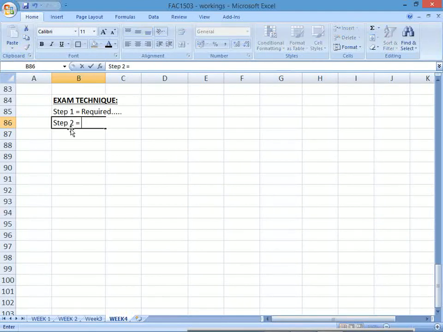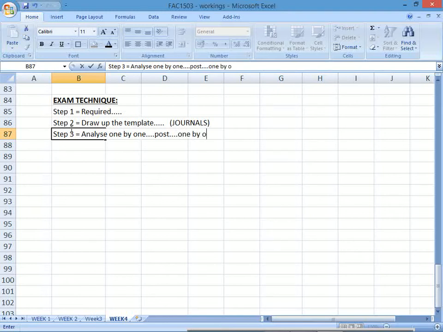Step 2, draw up the templates, which might not apply to you as much now because they give that to you, and then I'll obviously need the journals. Then step 3 is to analyze one by one, post one by one, and then you can't go wrong. You'll see what I mean by that when we do it now.